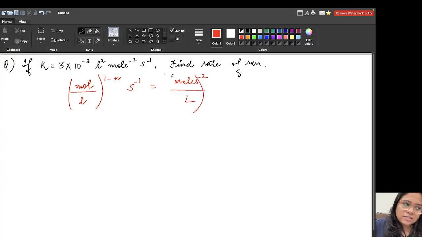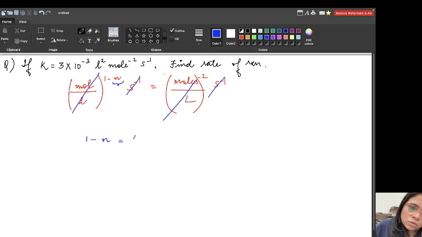So I can write it like this, right? Now just equate it and find the value of n. Write on your own. So second and second get cancelled, and mole and liter are also cancelled. So what is left? 1 minus n equals 2. So my n will be equal to 3. So this will be a third order reaction.